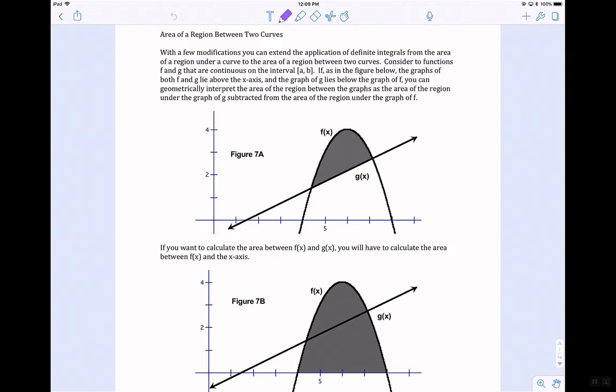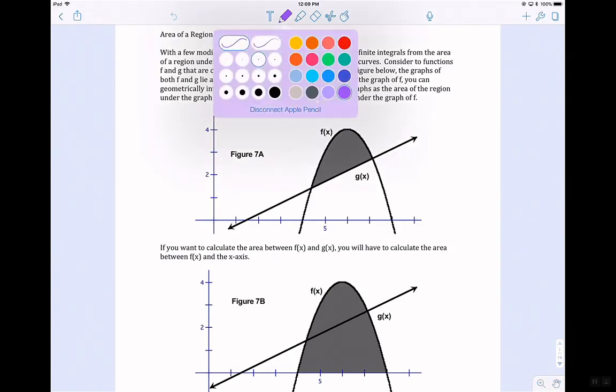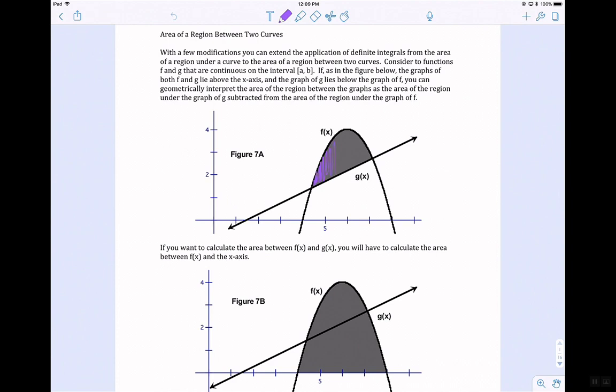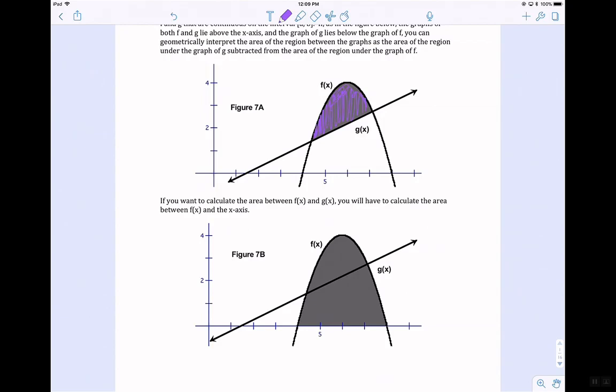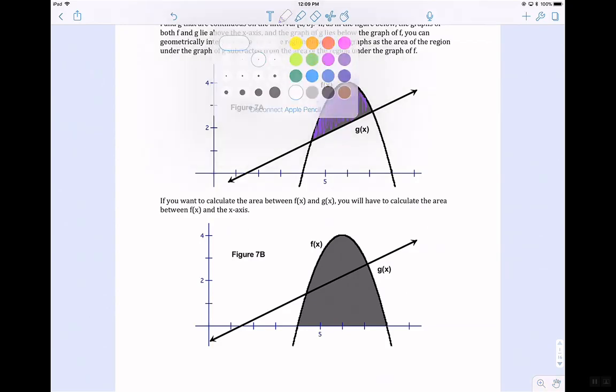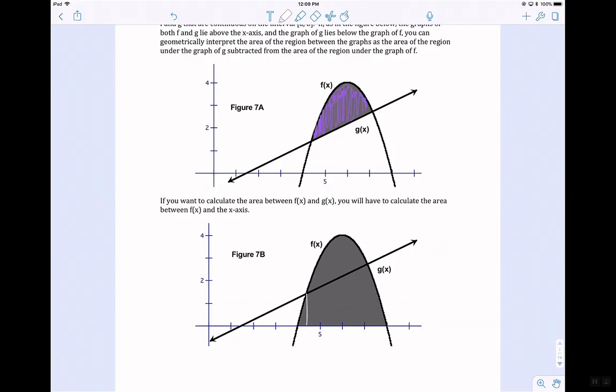If I'm given this figure 7a here, and I wanted to find the area of this shaded region, my graph is off just by a little bit, so we'll fix that. We're finding the area from the intersections of f of x and g of x.